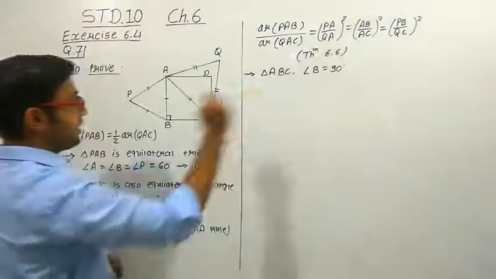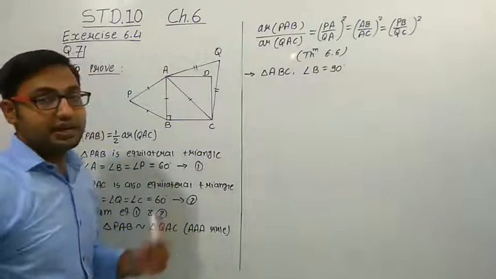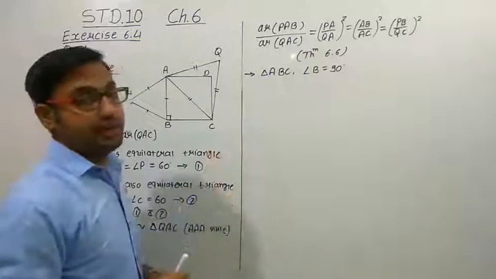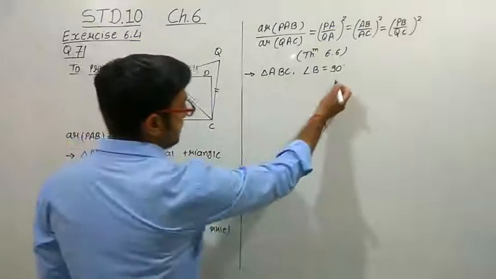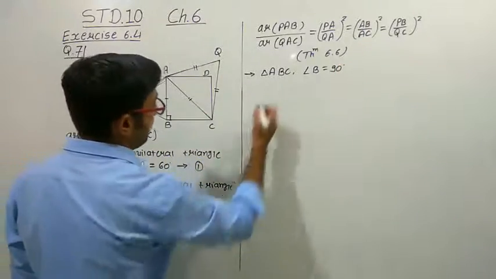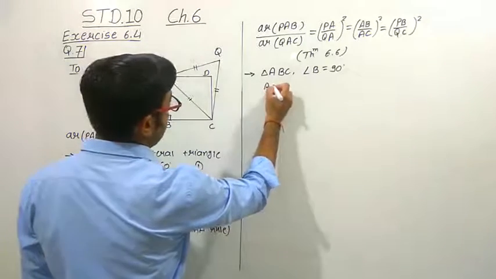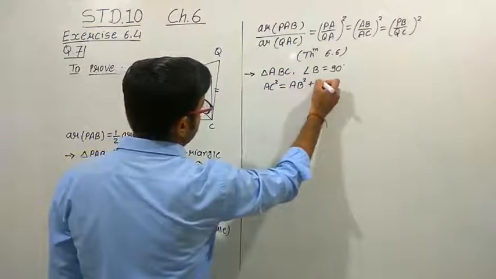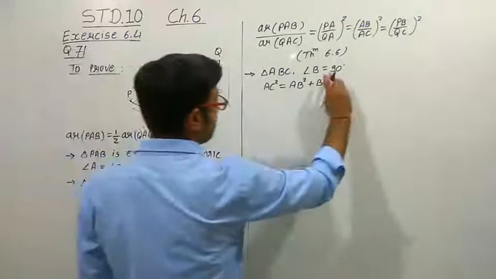The triangle ABC contains the sides AB and BC, so that we can find the relation between AB and AC. That is why we are considering triangle ABC. So according to the Pythagoras rule, we can write that AC square is equal to AB square plus BC square, right?